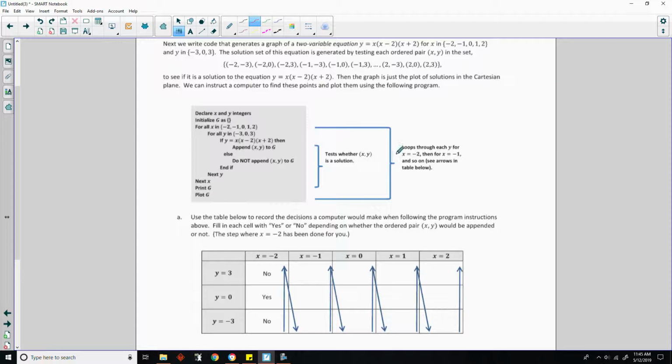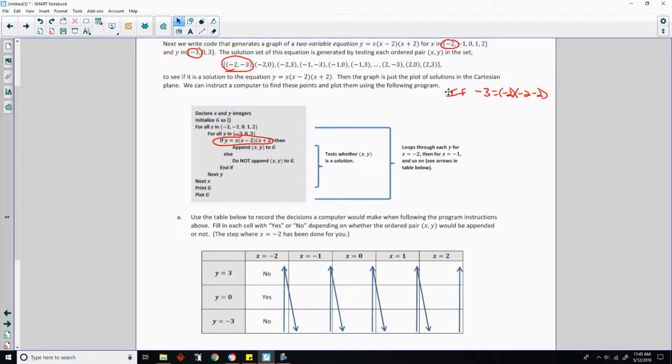Okay. So what it's doing is it's a computer program that's going to take -2 and pair it with -3, which gives us this point. That is then going to say, and I'm just looking at this equation right here, if y equals, and our y is -3, equals x, which is -2, times -2, our x, minus 2.